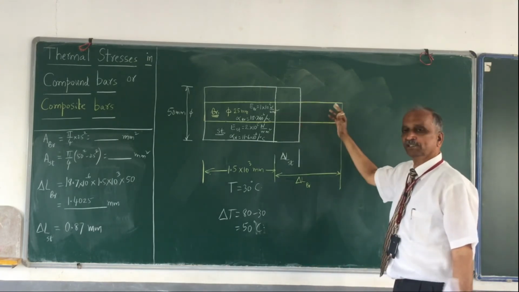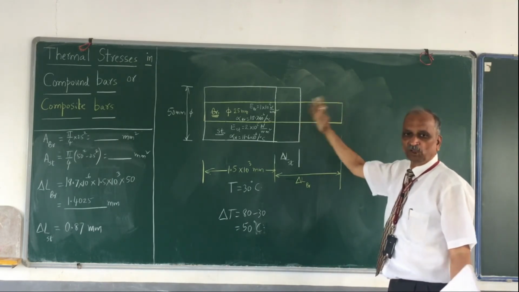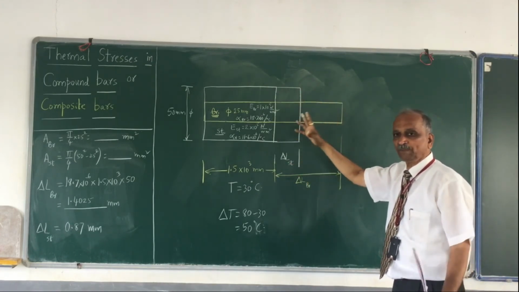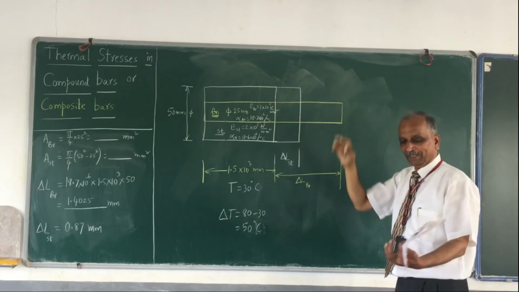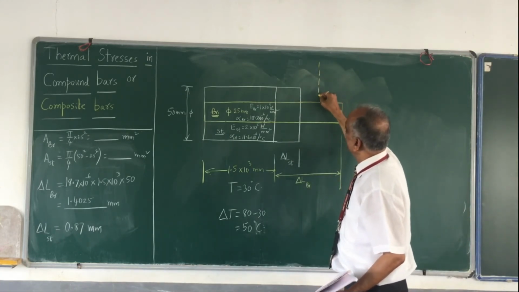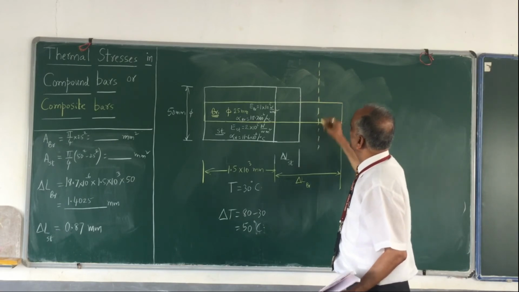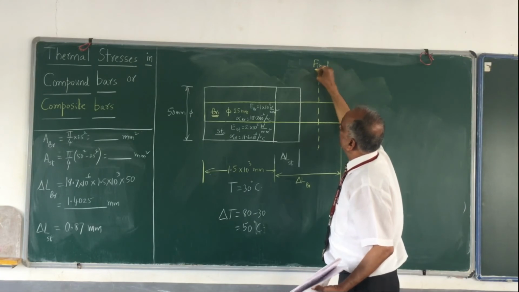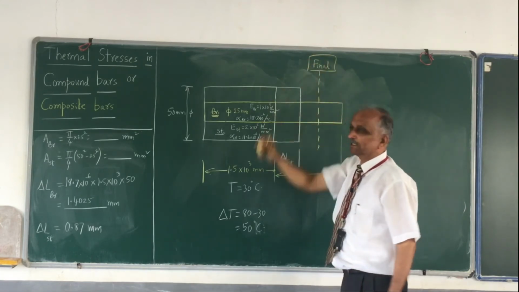The one which has undergone larger extension will compress, and the one which has undergone lesser expansion will further expand. So let me assume that this is the final position. They undergo a compromise and they settle here.